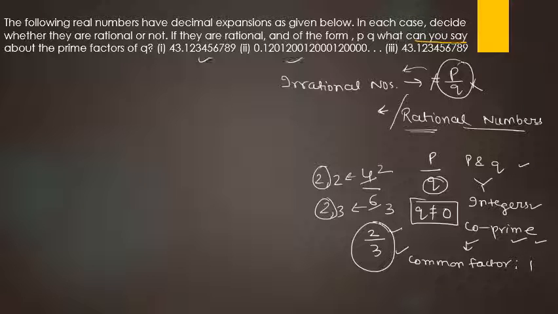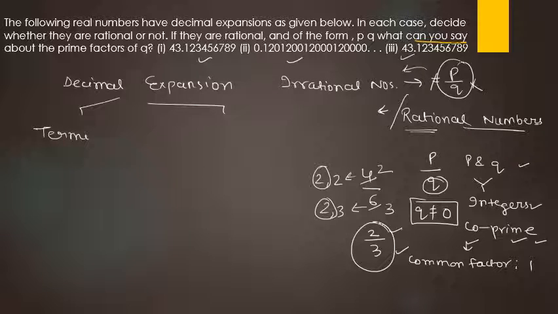take these 3 examples. If you have to show for a particular decimal expansion whether it is rational or irrational, then you need to remember these 2 things: terminating and non-terminating decimal expansion.